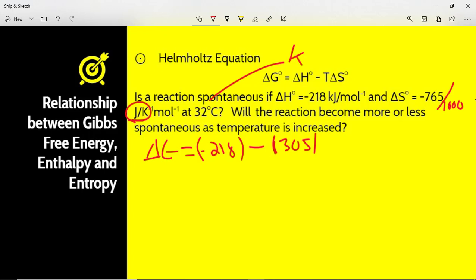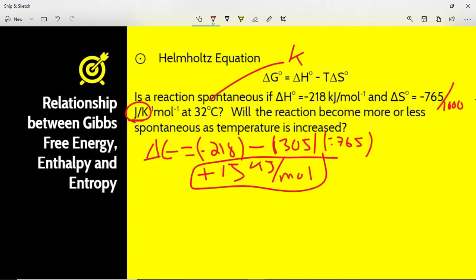So we're going to multiply this by 0.765. Also keep in mind that this value here is negative. So we plug in our numbers and solve, and we get a positive 15 kilojoules per mole.